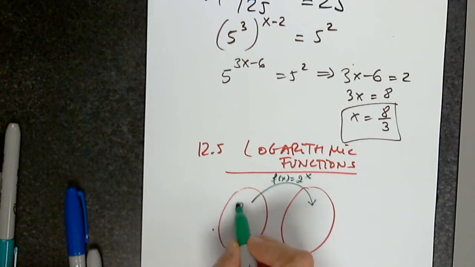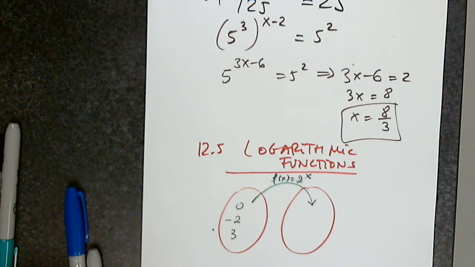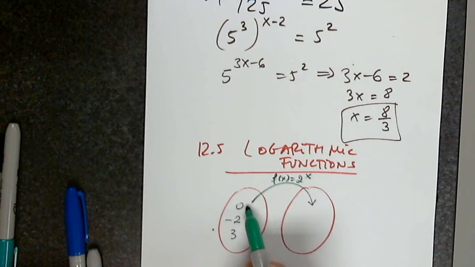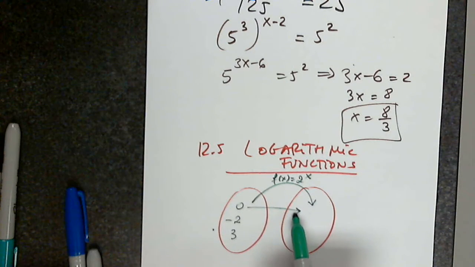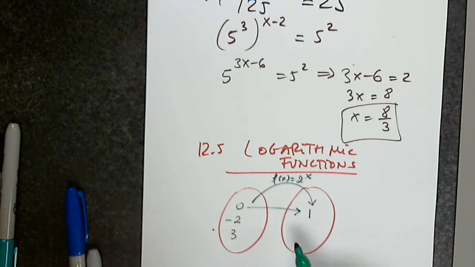I'm going to pick 0, I'm going to pick negative 2, and I'm going to pick 3. Now, 0 will correspond to what? So if I put 0 in here, 2 raised to 0 will be 1.